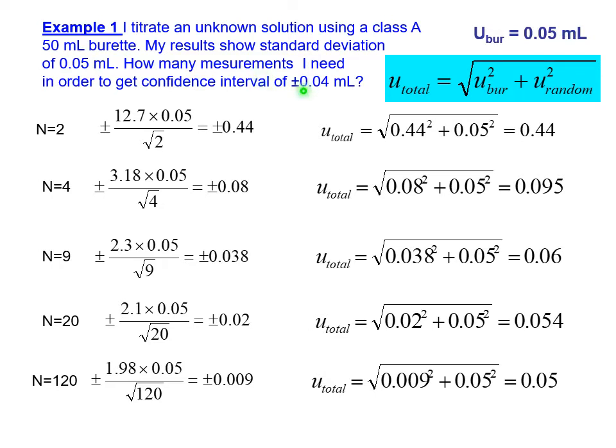I never have uncertainty of 0.04, no matter how long I'll be titrating. It's a good idea to stop somewhere at reasonable number and never go, say, beyond 8 or 9 in this particular example.